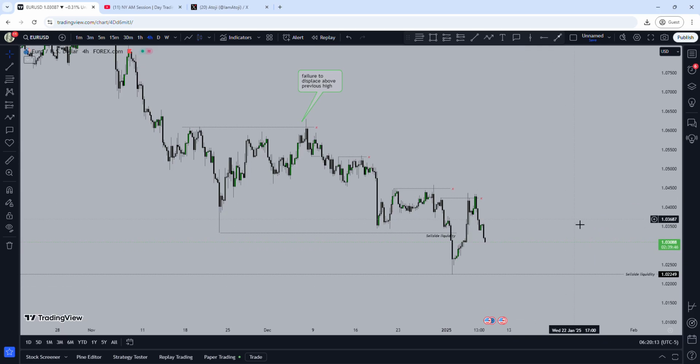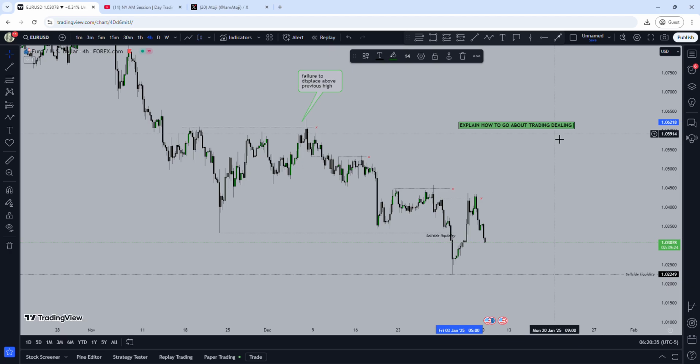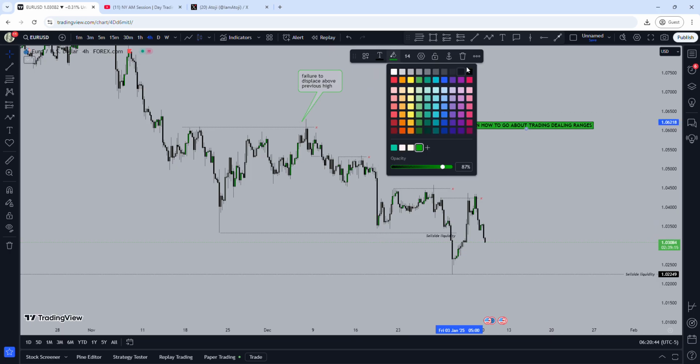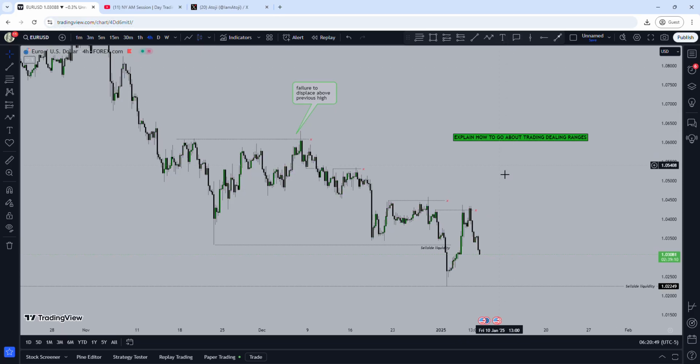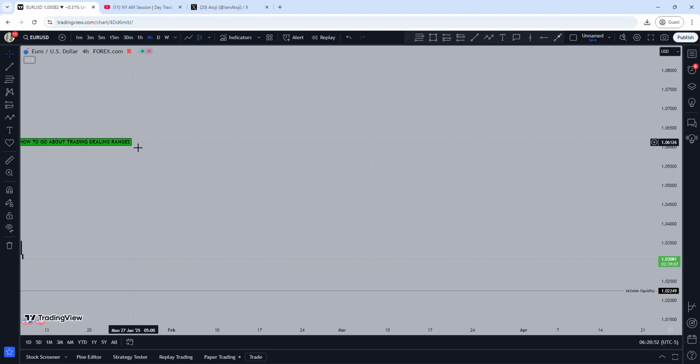So for the next video, I'm going to explain how we go about trading dealing ranges on the lower time frames.